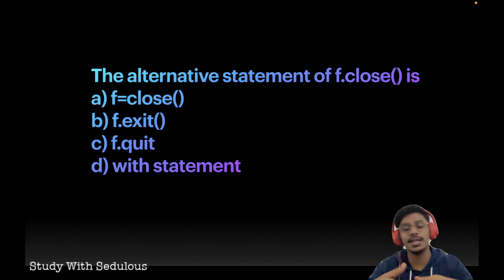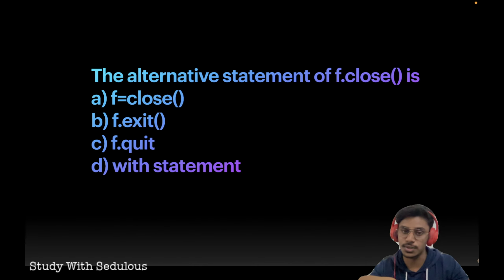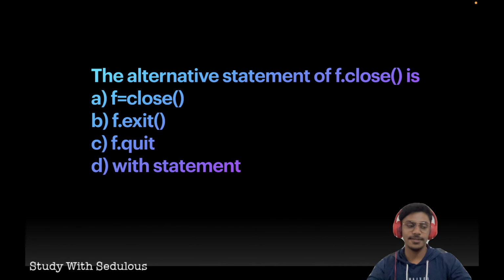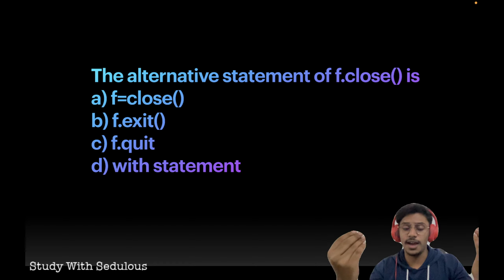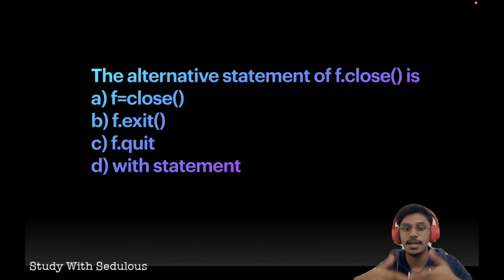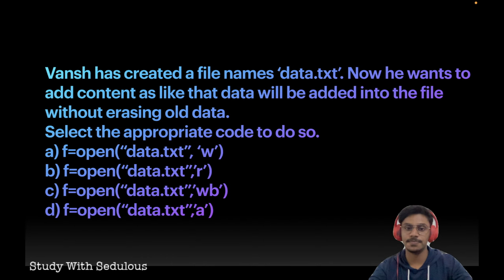Maybe it might be there, but it has no relationship with close whatsoever. Then f.quit. Quit we do have, but it is a function, so there should be a parenthesis, and it has no relationship with close itself. Again, no. The only thing that is left, and that we have been mentioning all along, is the with statement. It is an alternate for close.